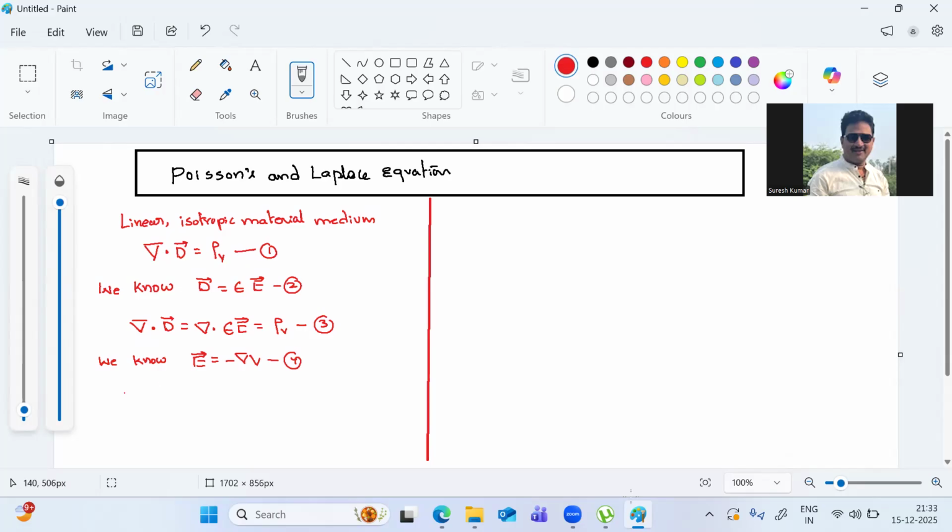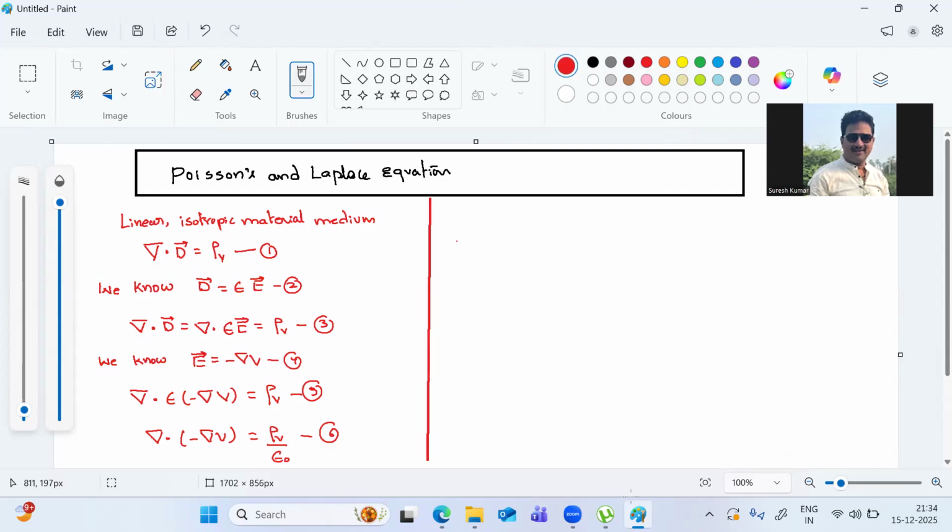Substitute equation 4 in equation 3: del dot epsilon minus del V is equal to rho v, which is equation 5. Now, epsilon, I'm going to take it on the right hand side. That is minus del V, which is equal to rho v by epsilon. This is equation 6.